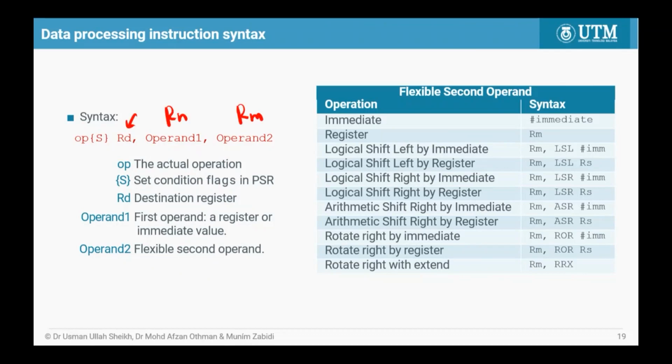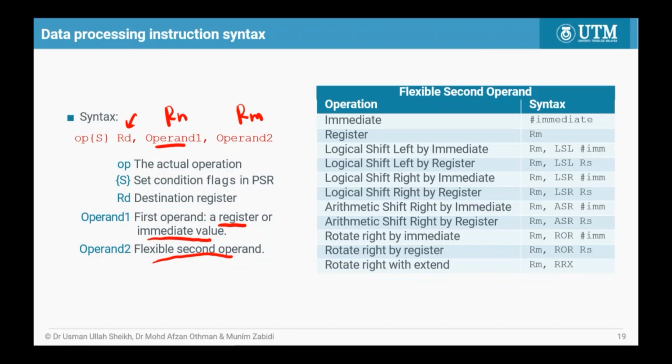This first operand can be from a register or can be an immediate value. Meanwhile, operand 2 is a flexible second operand. Why do we call it a flexible second operand? Because in operand 2, you can undergo the barrel shifter.